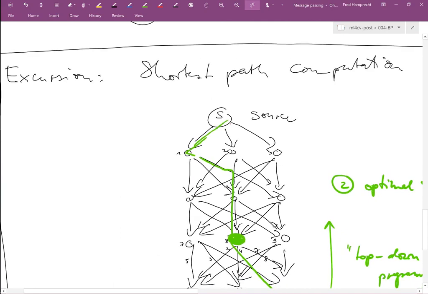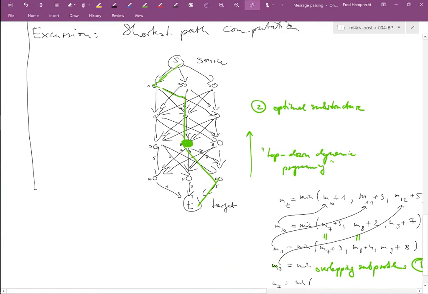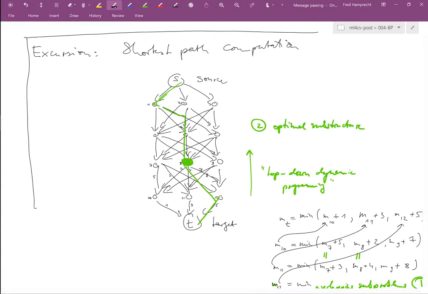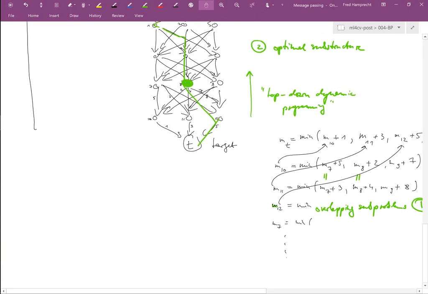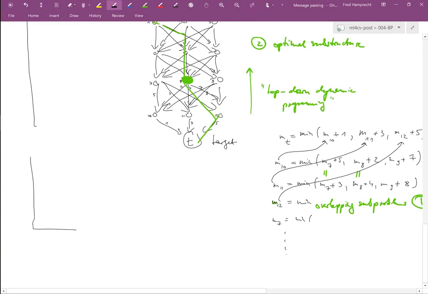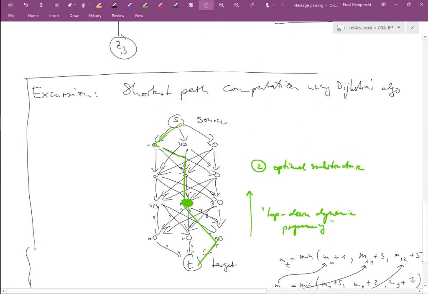So this is Dijkstra's algorithm. And the digression ends here.